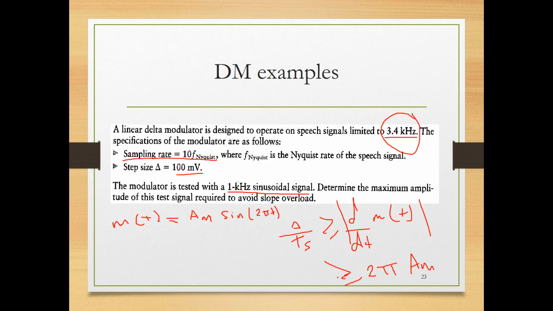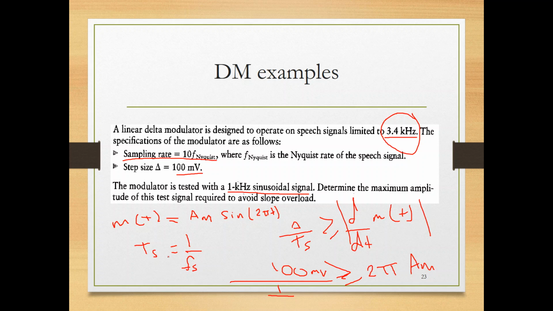Now, what's delta? Delta is this. You put delta 100 millivolt over Ts. What's Ts? 10 F Nyquist. F Nyquist of what? Of the speech signal. So, this is Ts. Ts is equal to 1 over Fs. This is the sampling rate Fs, where Ts is equal to 1 over Fs.